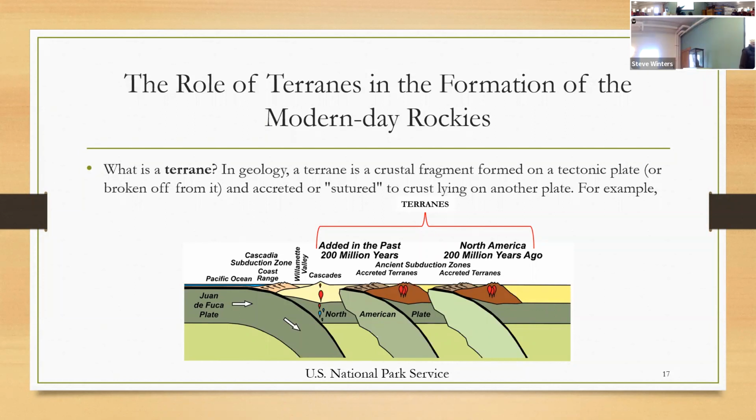They can only accumulate on the edges. So continents grow by this process called accretion, which is a result of these terranes being carried and added to the continents along the edges over periods of millions of years. That's terranes. They make continents bigger. They also make them more complicated to study. That's why this is a relatively new concept.